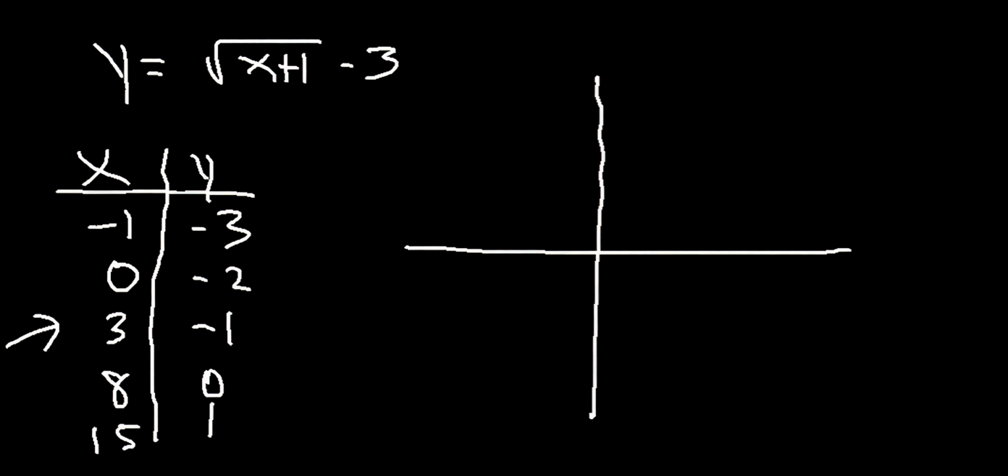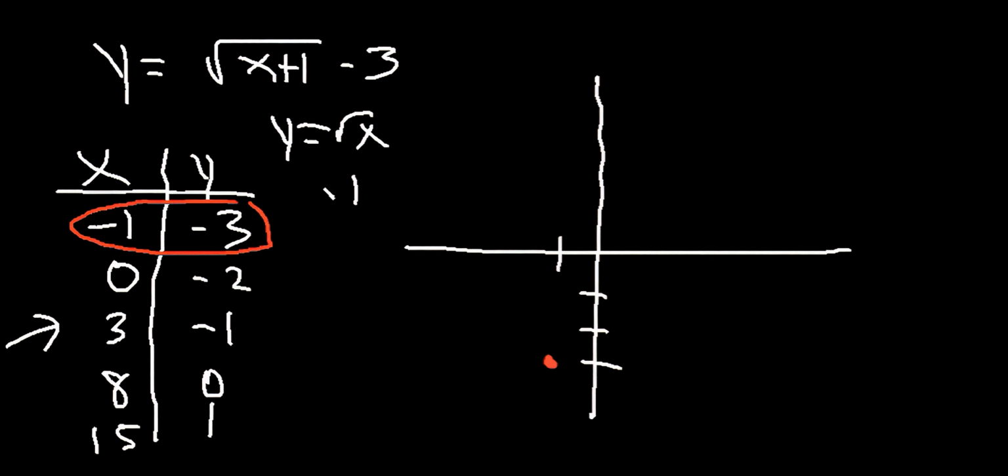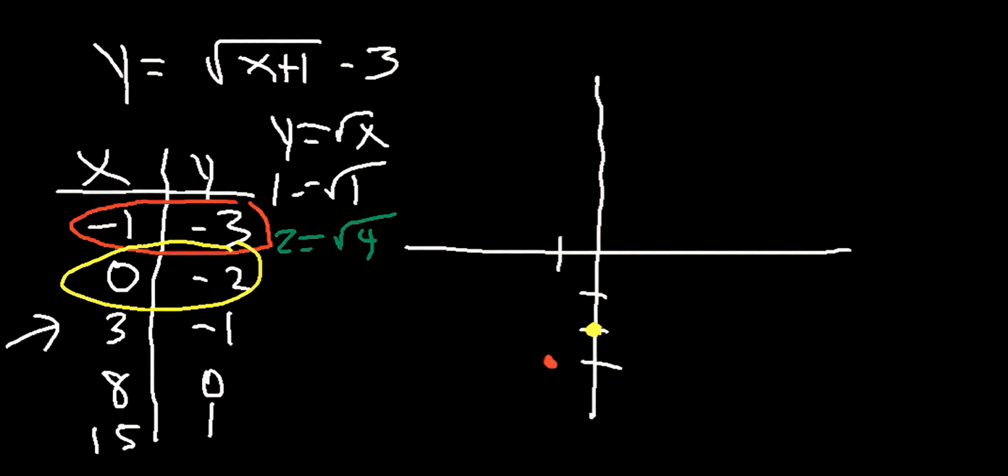So let me show you. We know it shifts 1 to the left, down 3. So this point is this one, negative 1, negative 3. And for radical x, radical 1 is 1. So as we move 1 to the right, it's going to go up 1. Notice that we have the point 0, negative 2. And the square root of 4 is 2. So starting from this point, if we move 4 to the right, which will put us at 3, it's going to go up 2.